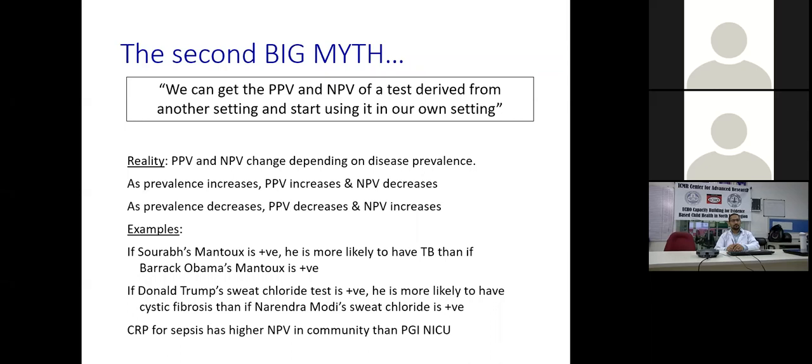The CRP for sepsis has a much higher negative predictive value in the community than in the PGI NICU, because for the same constellation of signs and symptoms, patients presenting exactly the same way, there's a much higher chance that it could be sepsis in a tertiary care NICU than in the community.